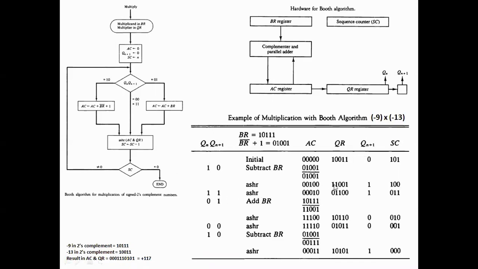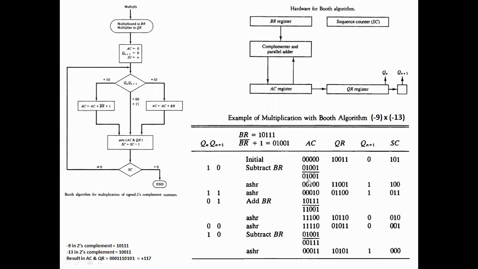So I will shift all these bits to the right. This 1 will go here, all will be shifted to the right. But when we do an arithmetic shift here and here every time, I have to keep the sign bit as it is. The empty space will always be filled with the sign bit.